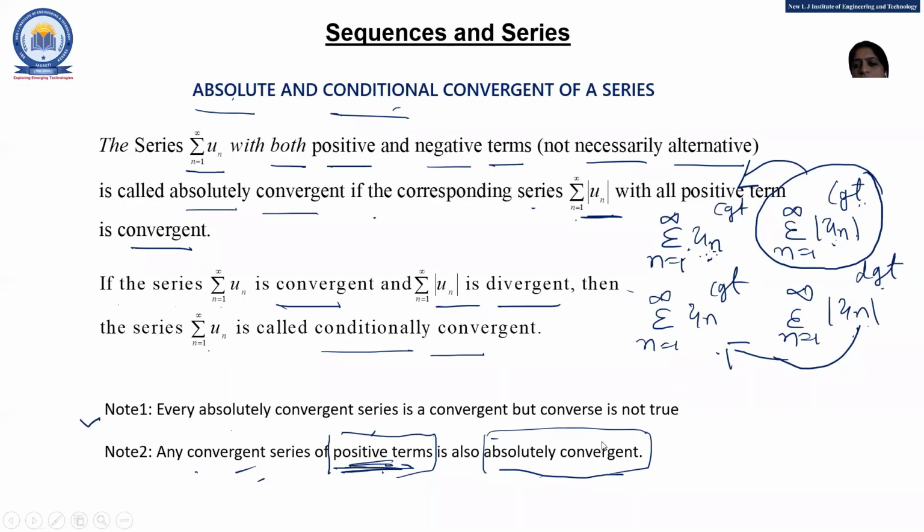In this case, simply remember: you have to check your un and mod un. If both are convergent, then your series is absolutely convergent. If un is convergent and mod un is divergent, then it is conditionally convergent.